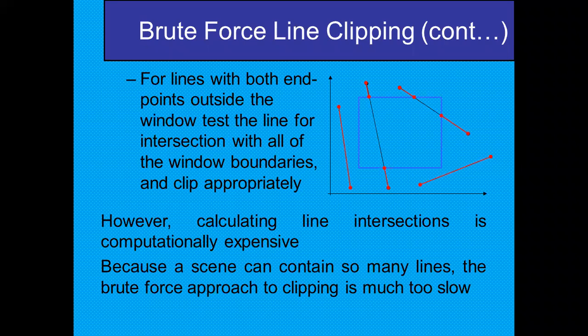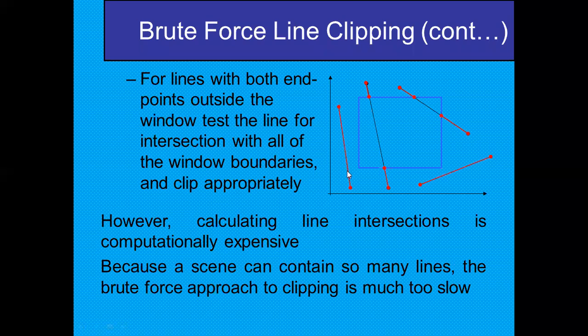Now you can see, for lines with both endpoints outside, the third case. The first case, completely inside, you have already seen. The second case, partially inside and partially outside. The third case, when it is completely outside. In the third case, you can see here, we test the line for intersection with all of the window boundaries and clip appropriately.